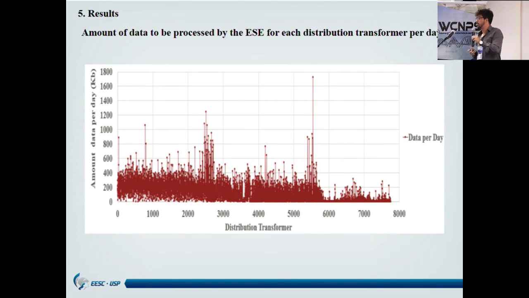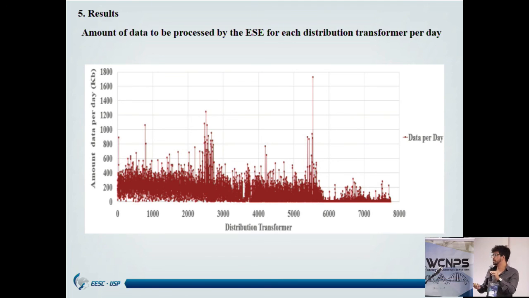The amount of data to be processed by the ESE for each distribution transformer per day is presented in the figure. The outliers represent the transformers with more connections in low voltage networks.